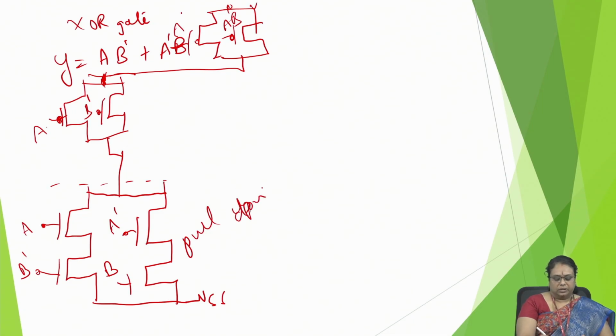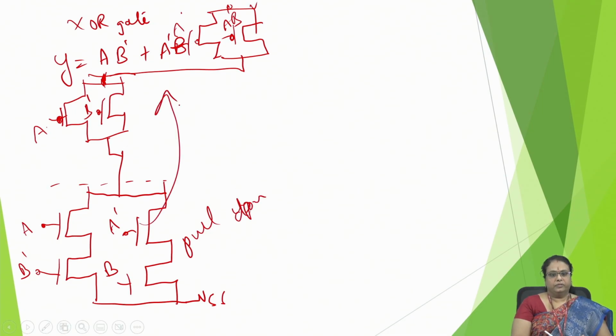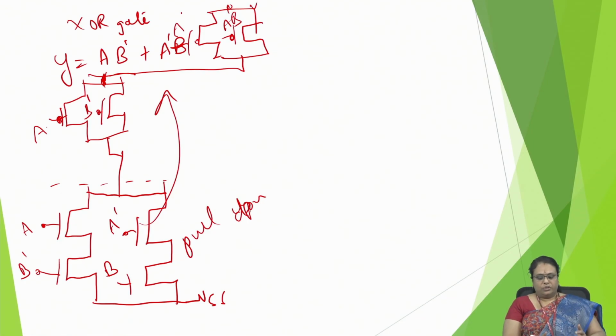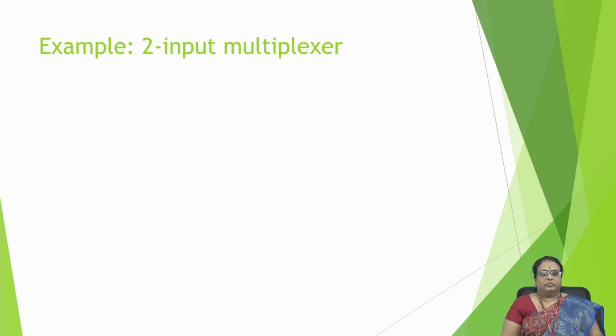This is pull down. This is exactly the complementary form of your pull down. So this can also be drawn with a schematic, and this can be a very simple way of implementing your XOR gate. Right.